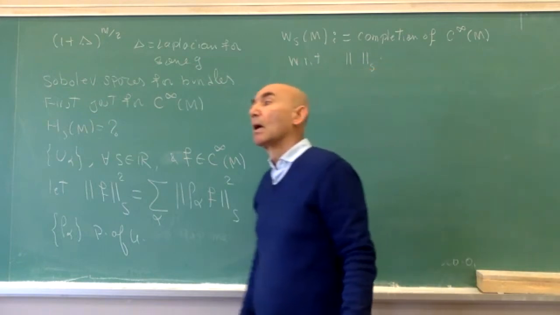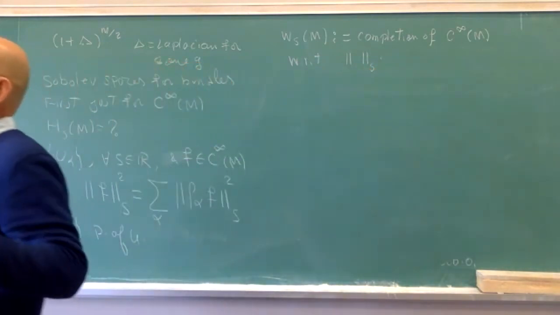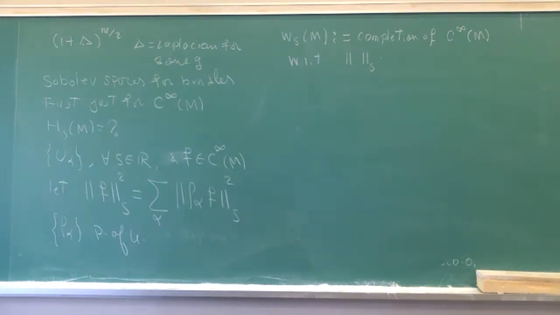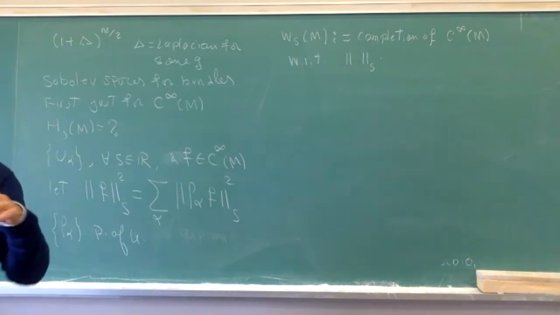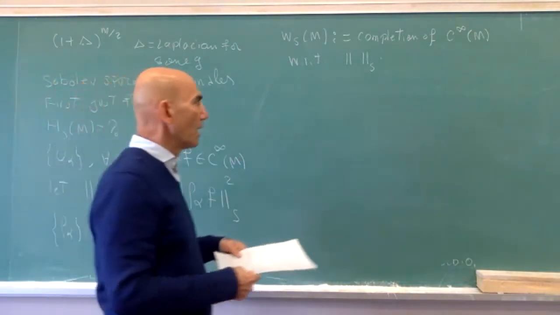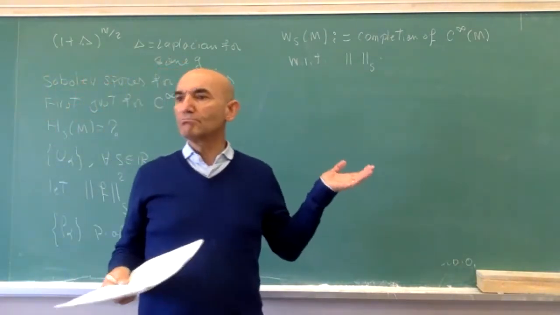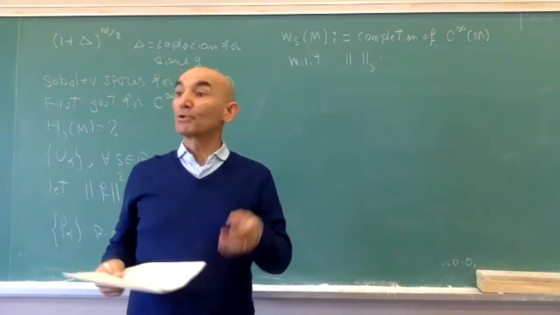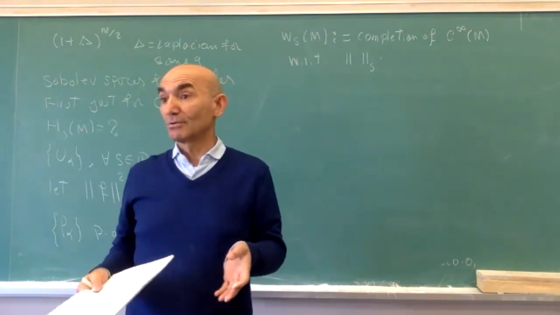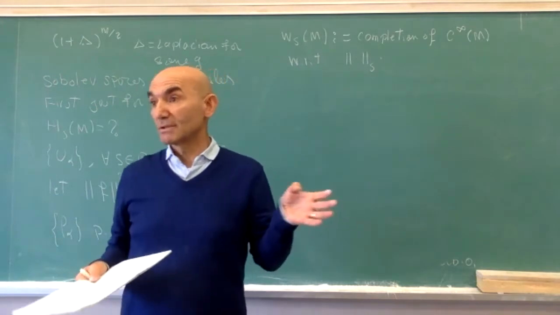The drawback of this definition is that we made a lot of choices here. First of all, we chose an open cover for M, and then we chose a partition of unity also. It depends on these two choices.